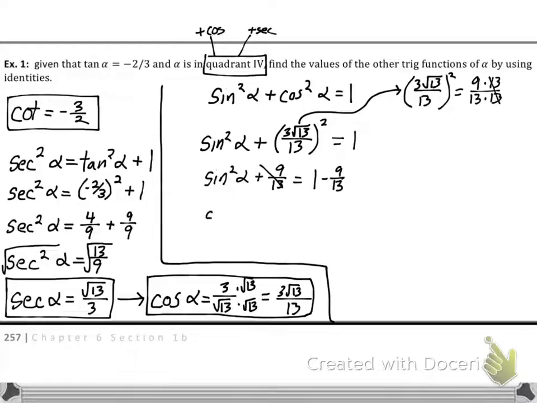So we're going to have sine squared alpha equals 4 over 13. I don't suggest doing this if you're someone that makes mistakes easily. If you are, and sometimes a little shortcut, if you have another pen or marker, is just put 13 over 13 on top of that 1. It sometimes makes it easier than having to rewrite an entire step to do 13 over 13.